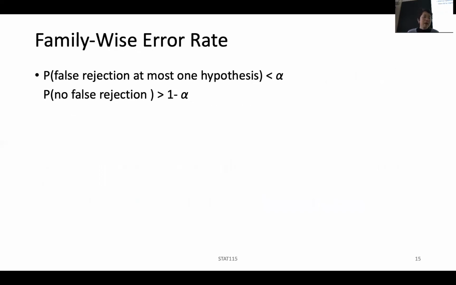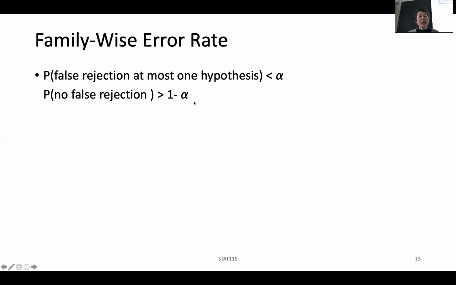One way to do this is to make sure that I don't wrongly call even a single gene incorrectly. This is called the family-wise error rate. It is the probability of rejecting at least one true null hypothesis at less than a certain cutoff, which means the probability of not calling even one of them wrong is 1 minus this number.